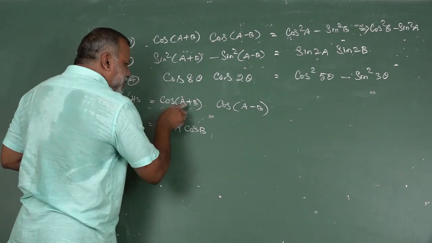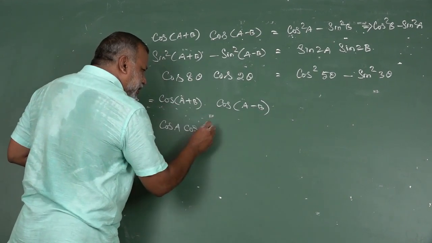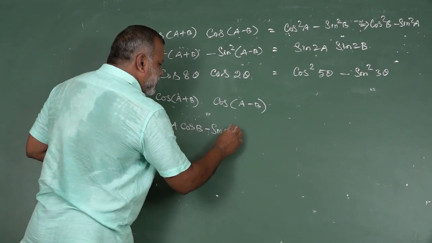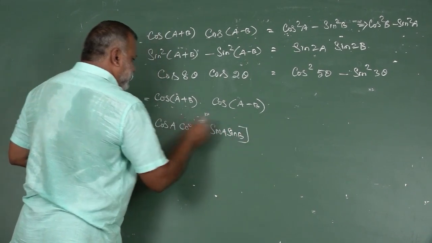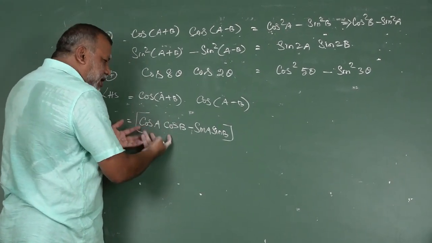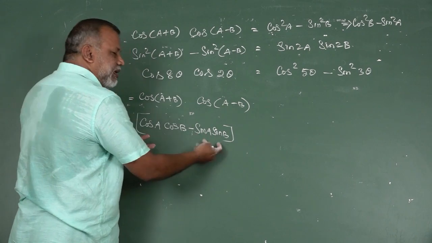Just for your memory, suppose here A plus B, then you get a negative symbol here, then sin A sin B. So the cos family will give cos A cos B, both cos, minus both sin.